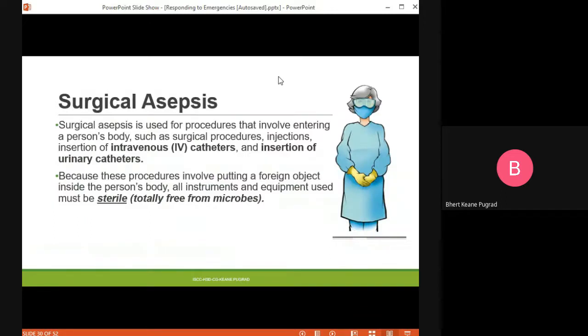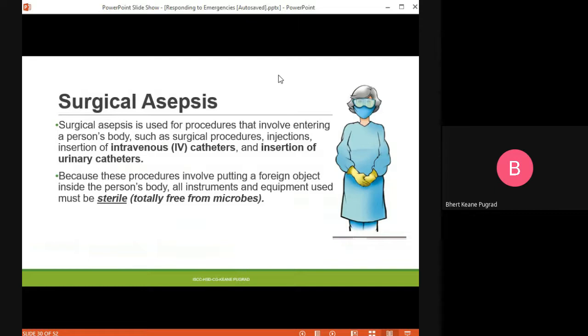So let's move down to the other form. So we have your surgical asepsis. Your surgical asepsis is used for procedures that involve entering a person's body, such as surgical procedures, injections, insertion of IV fluids or IV catheters, and insertion of urinary catheter.